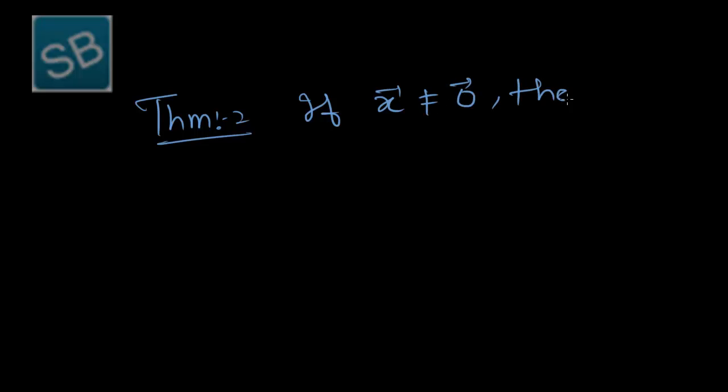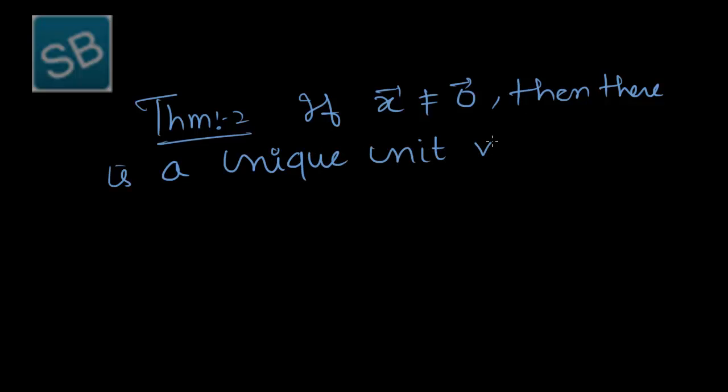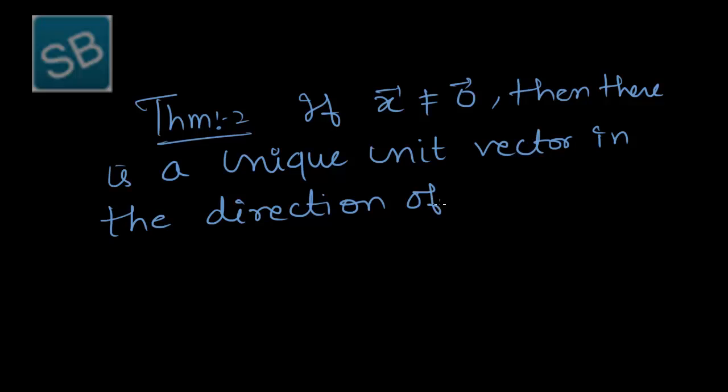So this is a theorem which was based on magnitude and direction of a vector. Now we are going to state theorem 2, which is based on the concept of unit vector. So theorem 2 states that if x is a non-zero vector, then there is a unique unit vector in the direction of vector x.